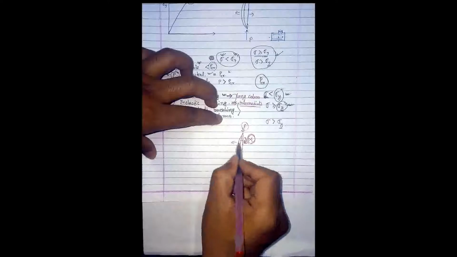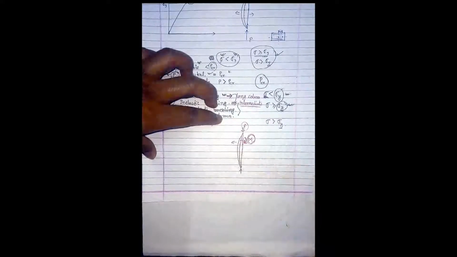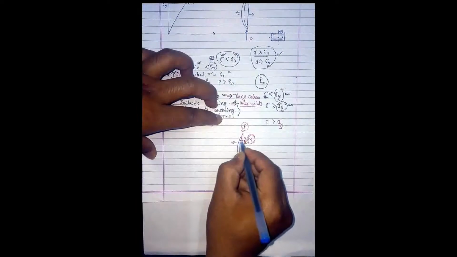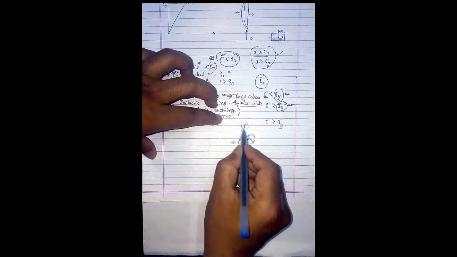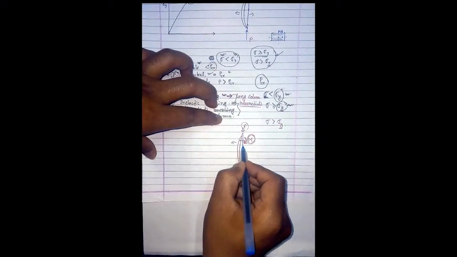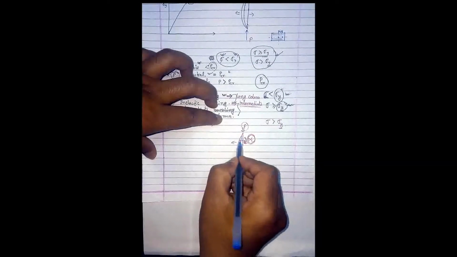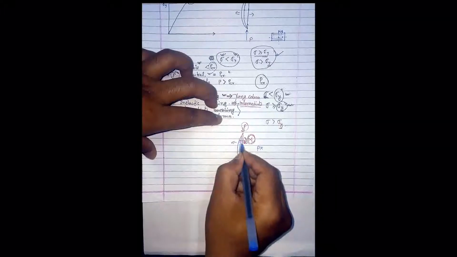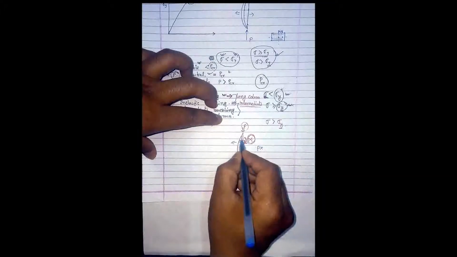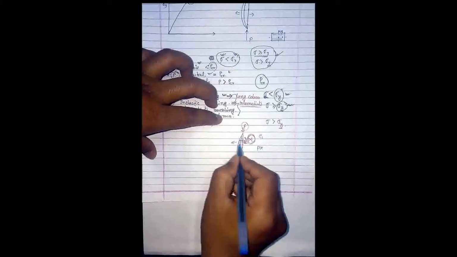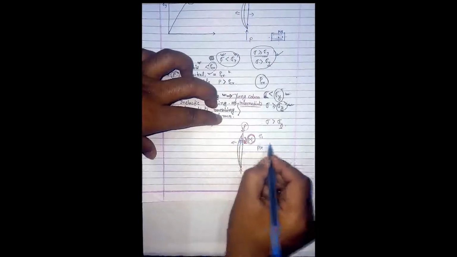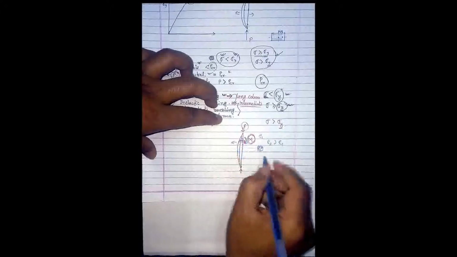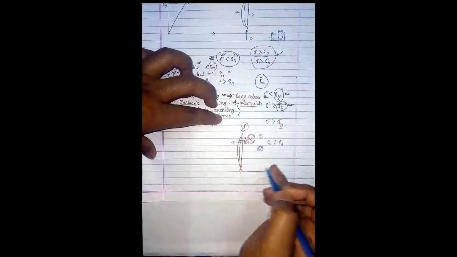If the buckling is more, this is now the deflection, and the load is passing through this line. So how much will the bending moment be? It is the load times this distance. Suppose initially this distance was E1 and now this distance is E2, and E2 is more than E1, so the bending moment will increase step by step.